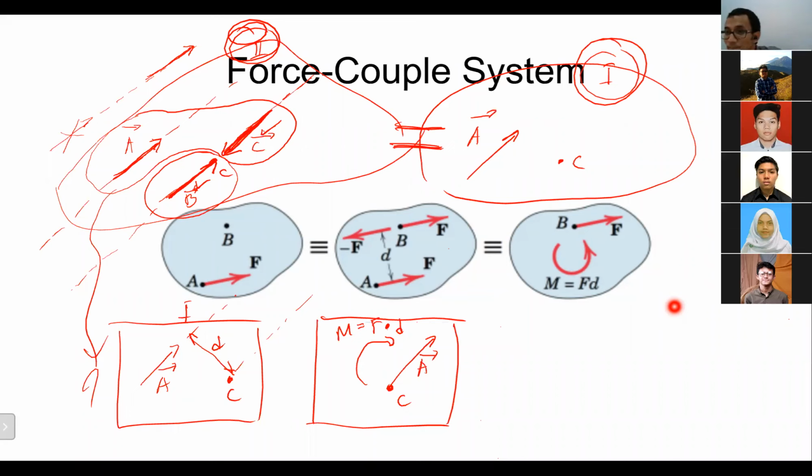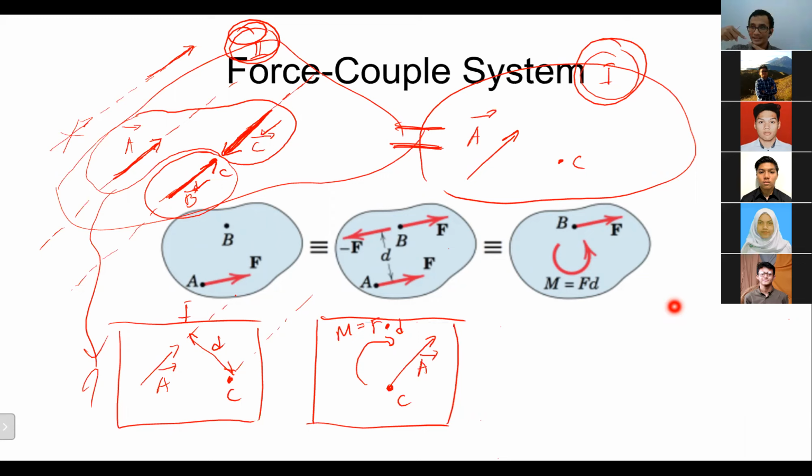So it's basically similar to the conventional way. Yeah, actually similar to the conventional way, but I need to tell you guys the process. How can we move it from one point to another point? The first thing we are supposed to do is create two forces at the location where we want to move it to. Those two forces have exactly the same magnitude as the force that we want to move, and the direction is parallel with the previous force.